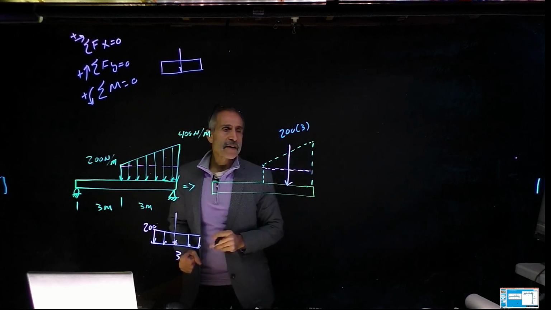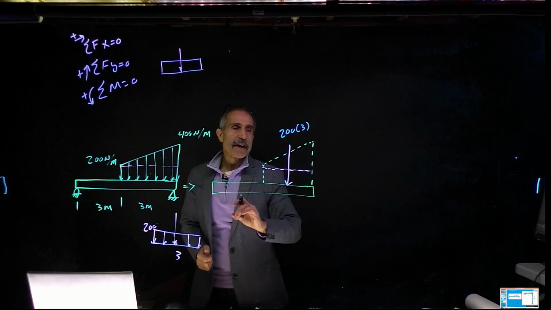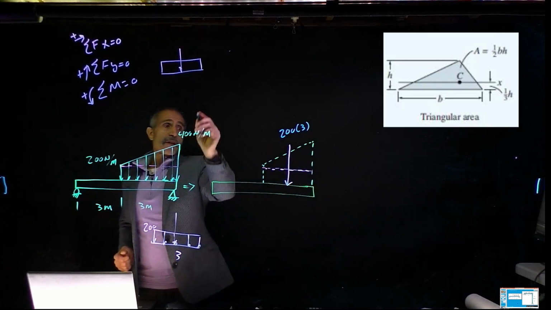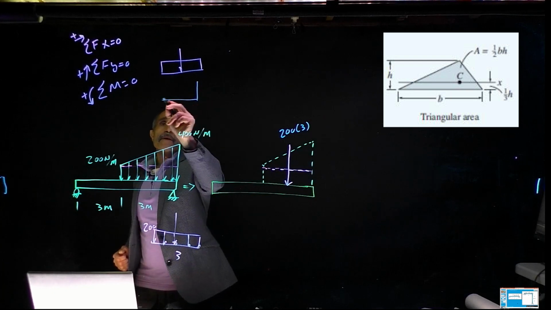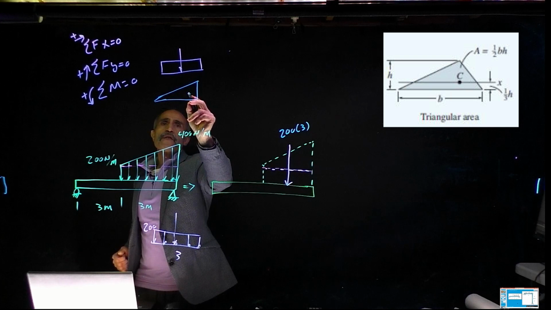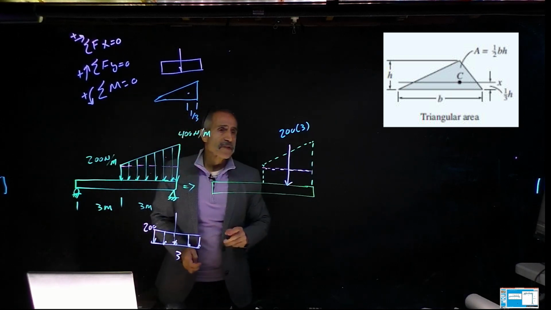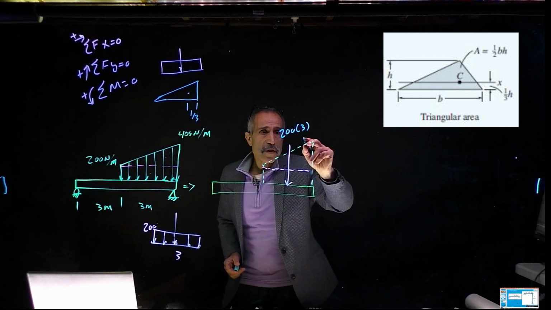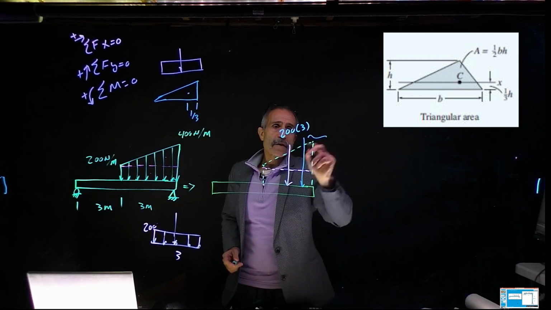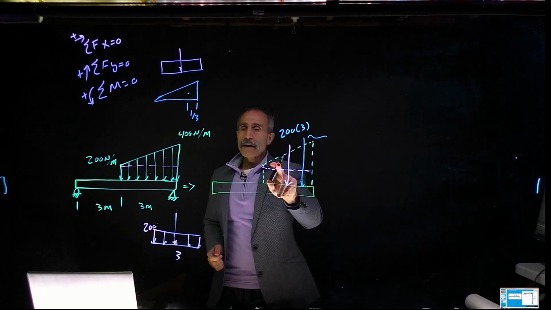What about the triangle? The triangle's load is the area under the triangle, and it acts at the center of that triangle. When you have a triangle shape, as you've seen in the back of a lot of books, the center of a triangle is 1/3 from the base. So my load is going to be 1/3 of that distance from here. The magnitude is the area of this triangle.